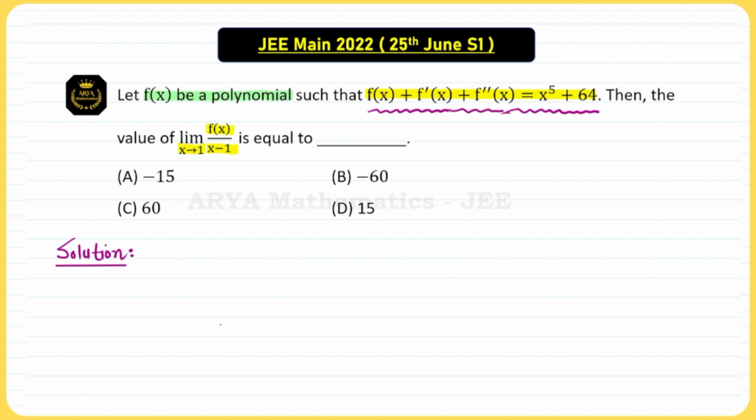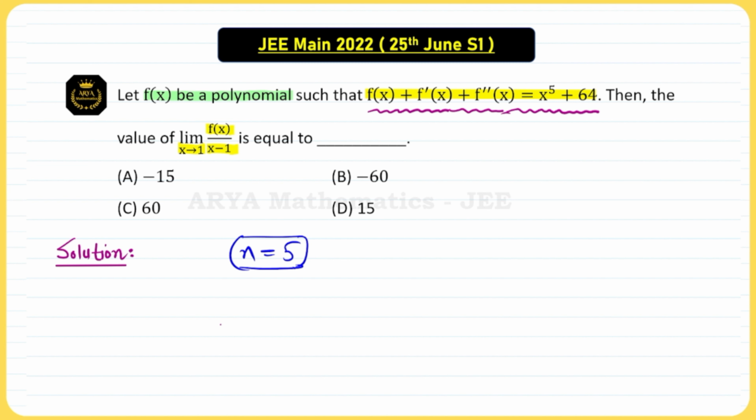So if f(x) is a polynomial function of degree n, then this left hand side will be of nth degree, because f dash x and f double dash x will be a polynomial of degree less than the degree of f(x). And on right hand side we have x raised to 5. So therefore f(x) must be a polynomial function of degree 5. Right, for f(x) degree n, this must be 5.